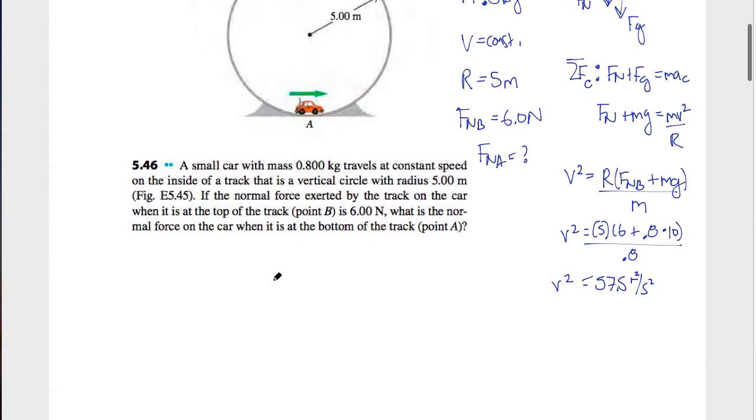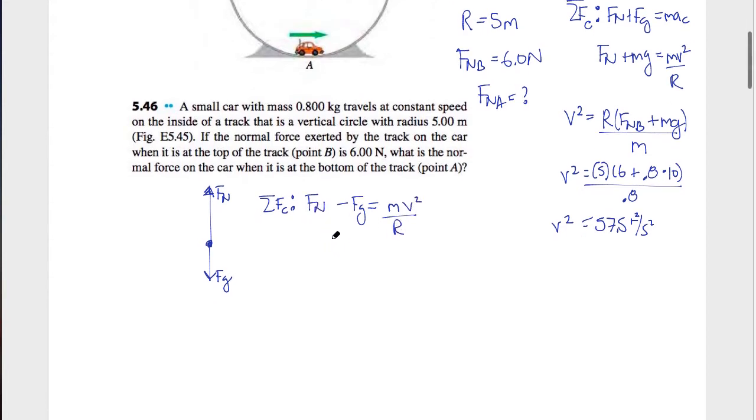At the bottom of the track, what's different? I have the force of gravity pulling down, and now a normal force that must be going in the upward direction. My sum of forces at the bottom is again in the centripetal direction, where normal force is positive and the force of gravity is negative, and this must equal mv squared over r. I'm looking for normal force, so I'll leave that as is.